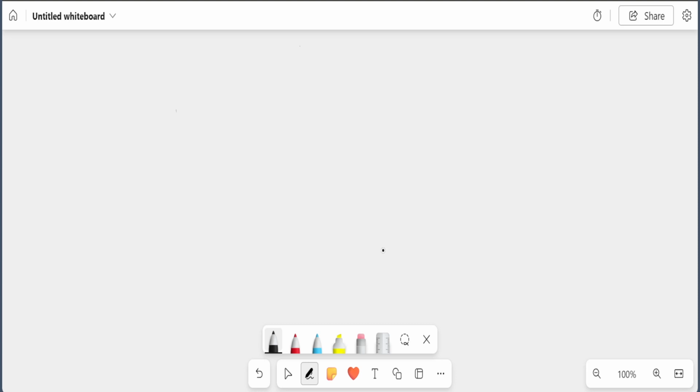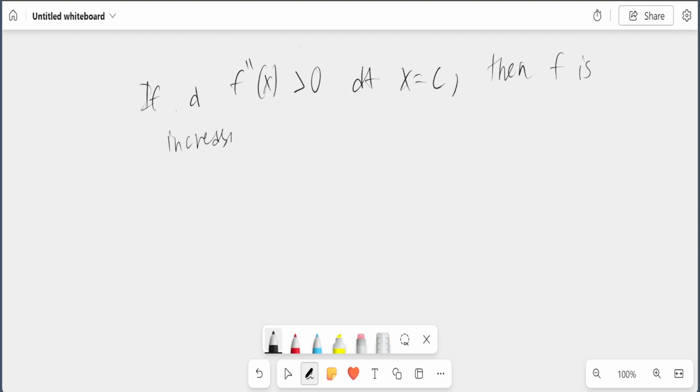So see, if f double prime of x is greater than 0 at x equals c, then f is increasing at x equals c. Always, sometimes, or never.